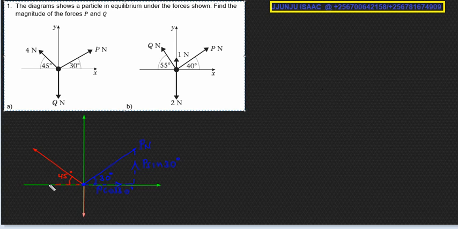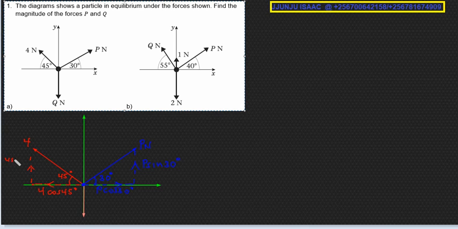So the force is 4 newtons, so this is going to be 4 cos 45. Remember, it is moving to the left, so it is a negative force. Now when you move up, that is positive.